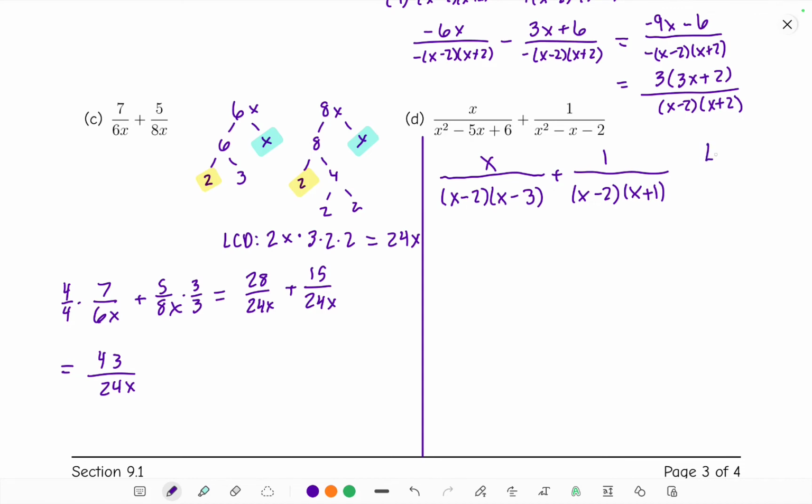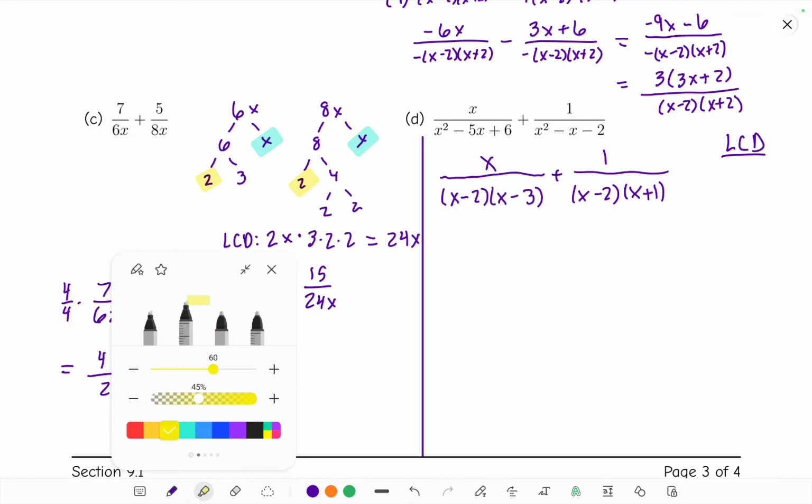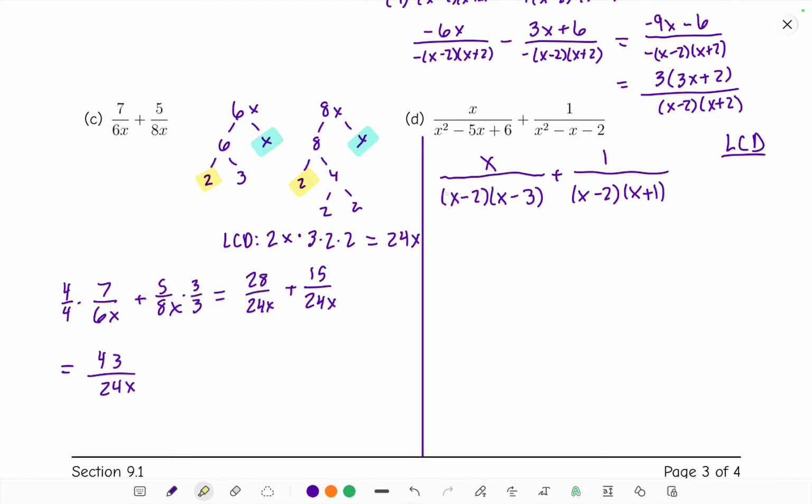So then if I'm looking at this for the LCD, you're still looking for pairs. Well, they have an x minus 2 in common, so the LCD will have x minus 2. And then everything else. So it'll still have an x minus 3, and it will still have an x plus 1.